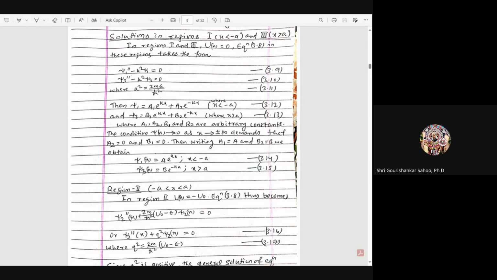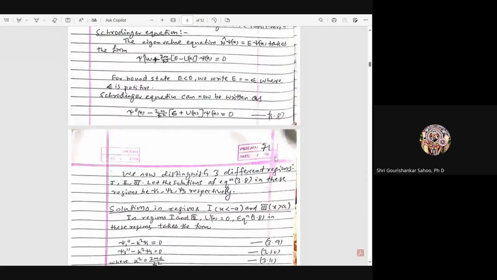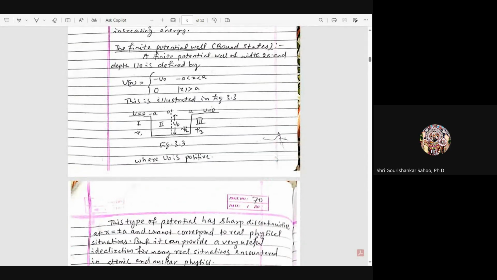If the potential is 0, then psi 1 double dash minus k square psi 1 is equal to 0, and psi 3 double dash minus k square psi 3 is equal to 0. In region 1 the wave function is psi 1, in region 2 it is psi 2, and in region 3 it is psi 3.